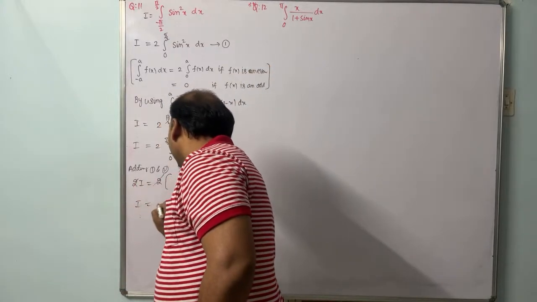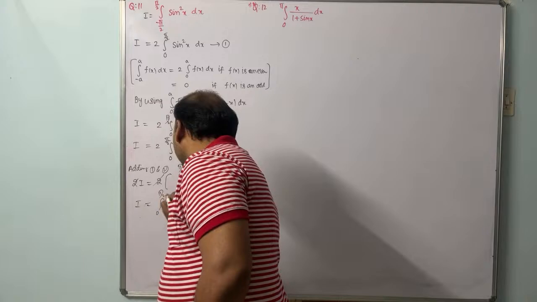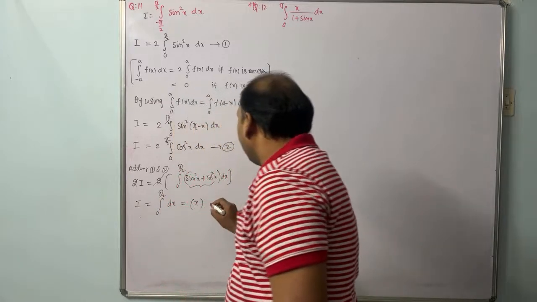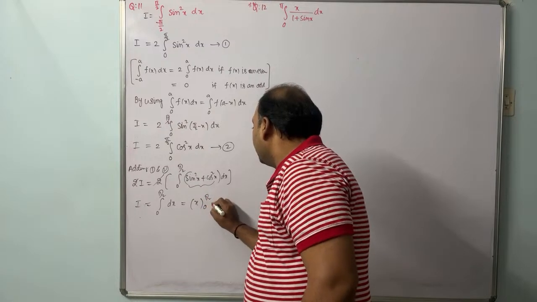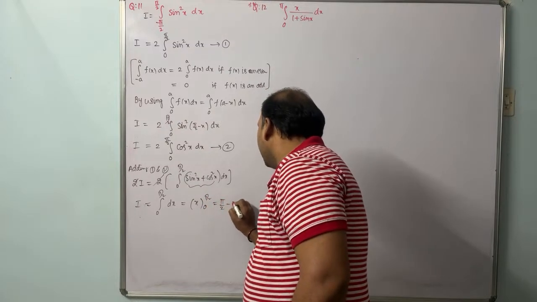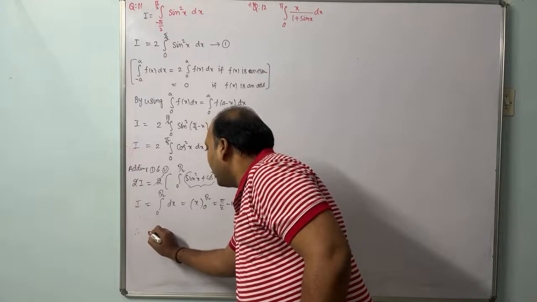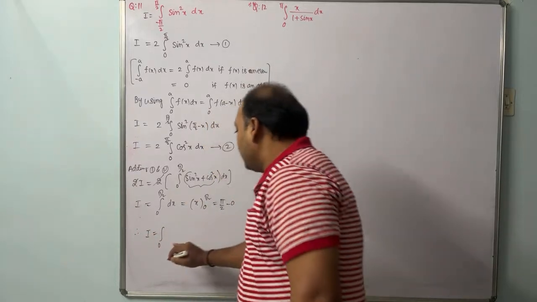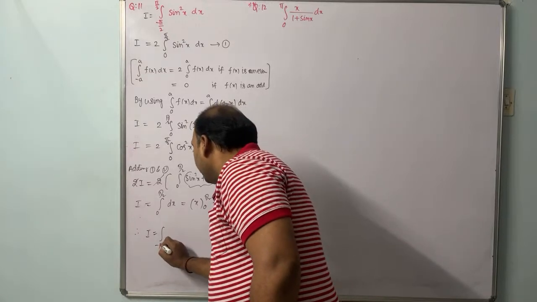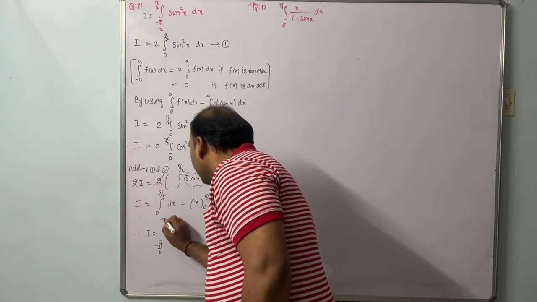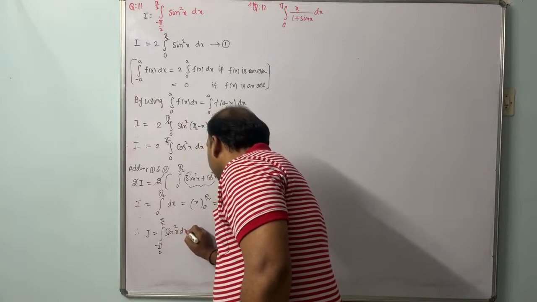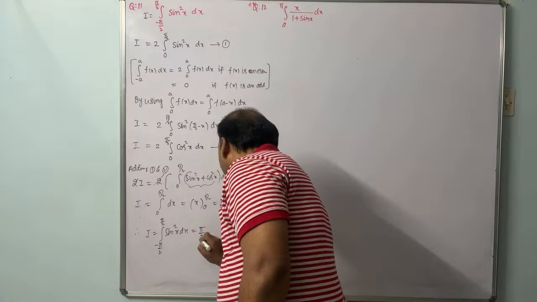I equal to the integral from 0 to pi by 2 of dx. So that is equal to x, applying the limit 0 to pi by 2. So pi by 2 minus 0, therefore I equal to the given integral. What is that given integral? Minus pi by 2 to plus pi by 2 of sin square x dx is equal to pi by 2.